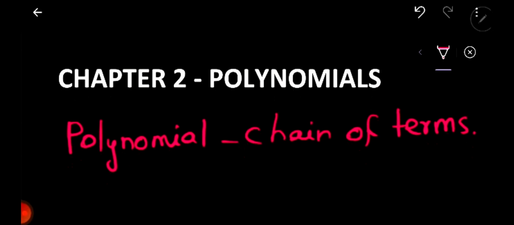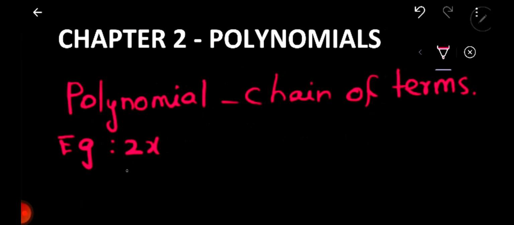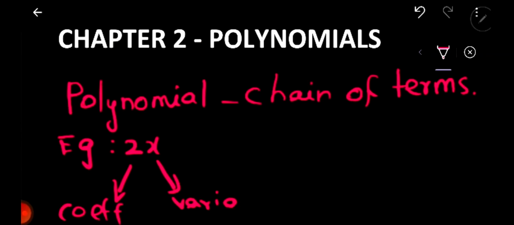For example, 2x. This is one term. 2x is a term. Here 2 is the number part, called the coefficient, and this is the variable. So 2x is a polynomial having only one term.